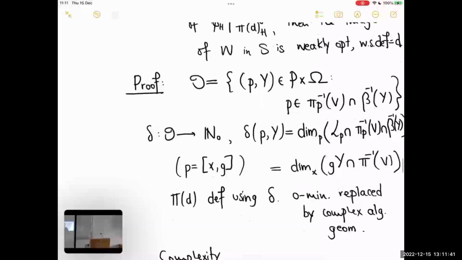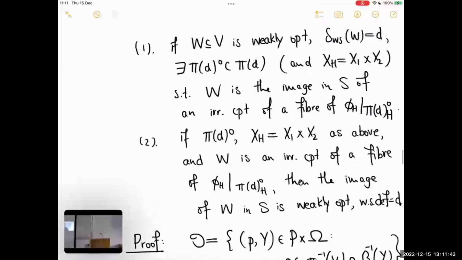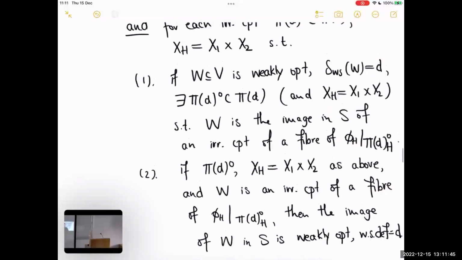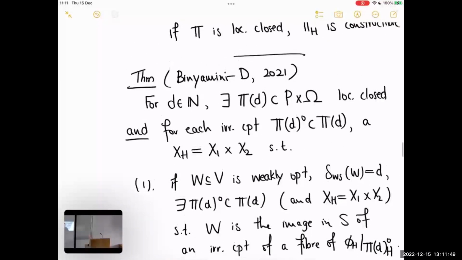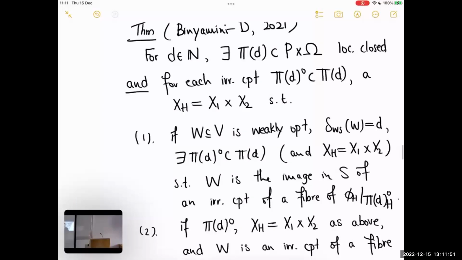If you have many weakly optimals, maybe their union is contained in a bigger weakly optimal, and they might hide each other, which takes a lot of work. It's probably the same idea more or less. A lot of the technical statement that Chris gave was exactly to be able to capture all of the weakly optimals separately.